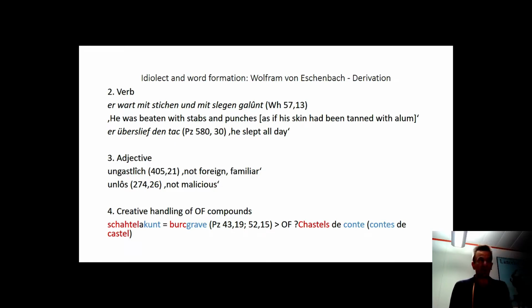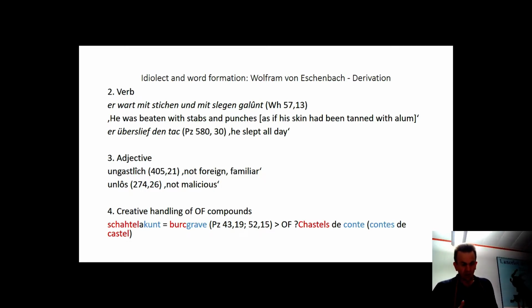Scholars are still arguing about whether Wolfram was really so bad at French that he didn't know that the base constituent comes first in French compounds, followed by the determiner, or whether he was making fun of the fashion to use French lexemes in German courtly literature, as discussed earlier. Remember probably the example of Tannhäuser.